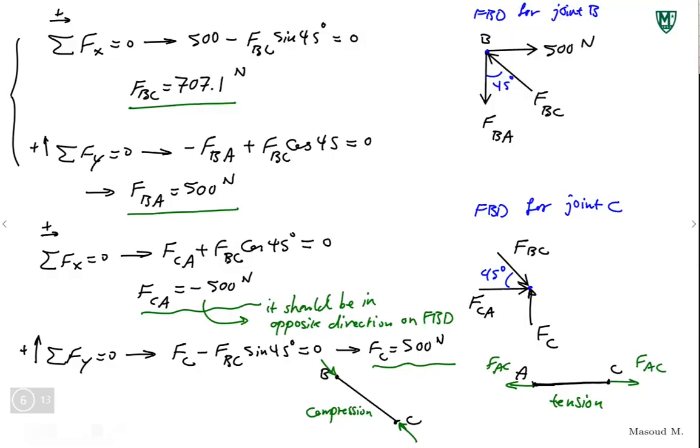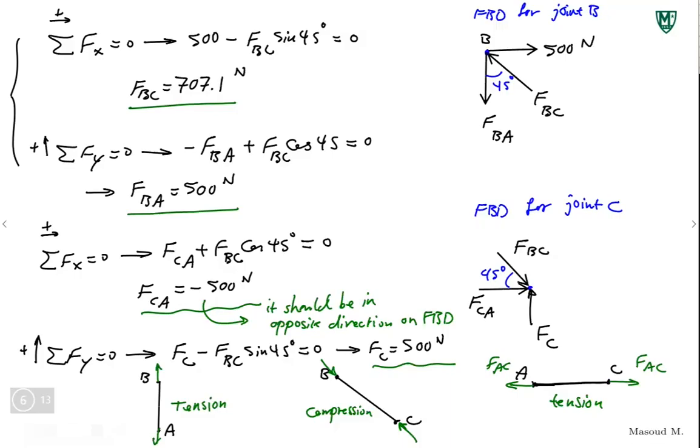And the last one would be AC. I'm going to fit it here. I know it's a little squished, but BA, and that's under tension. So the forces on the member are going to be like this, tension.